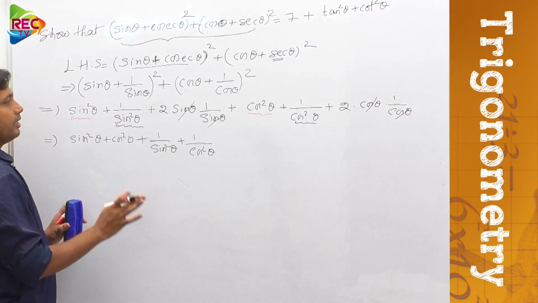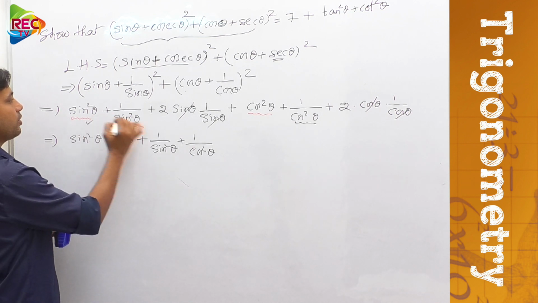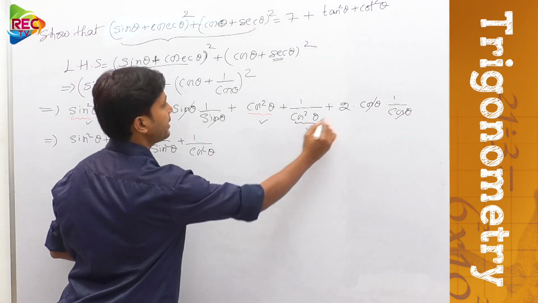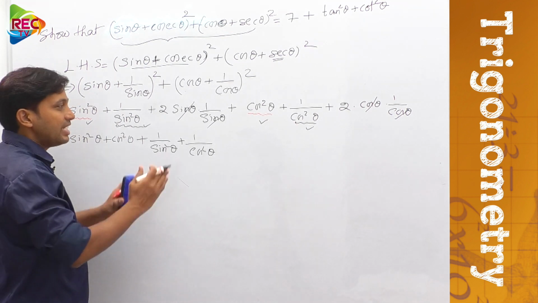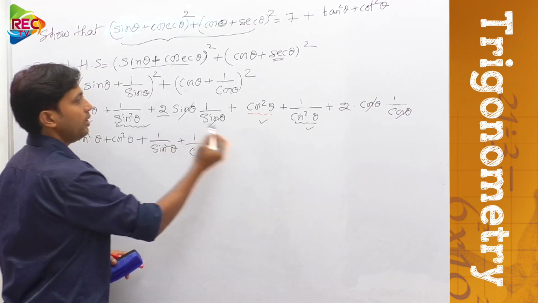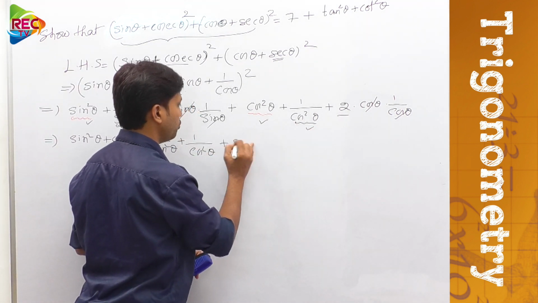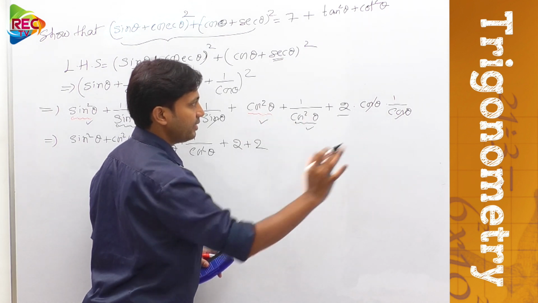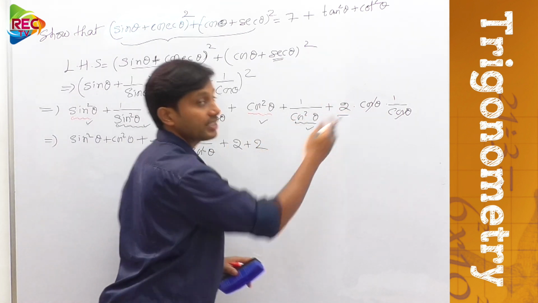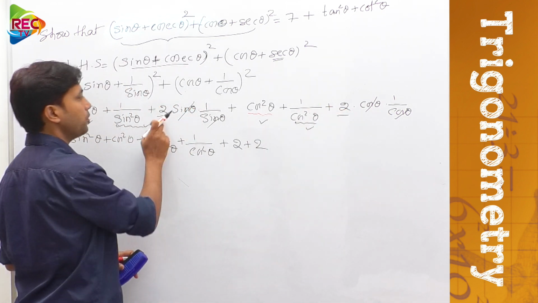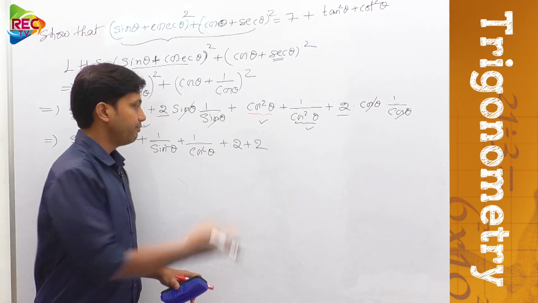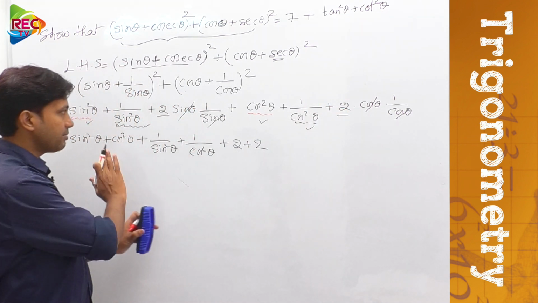Now it is over for 4 terms. This is over, this is over, this is over and this is over. What are the terms still left? Here this is 2 and this is 2. So that means here 2 plus 2. That's it, because here sin thetas and cos thetas are cancelled. Now here 2 is left over and here 2 is left over. We wrote it. All the terms are covered or not?